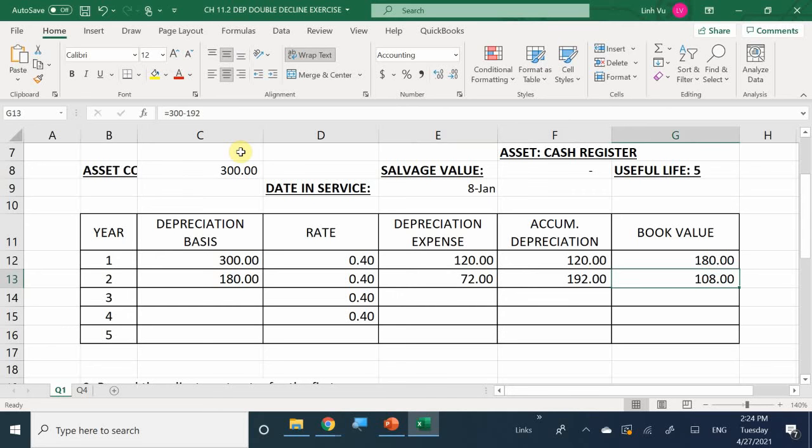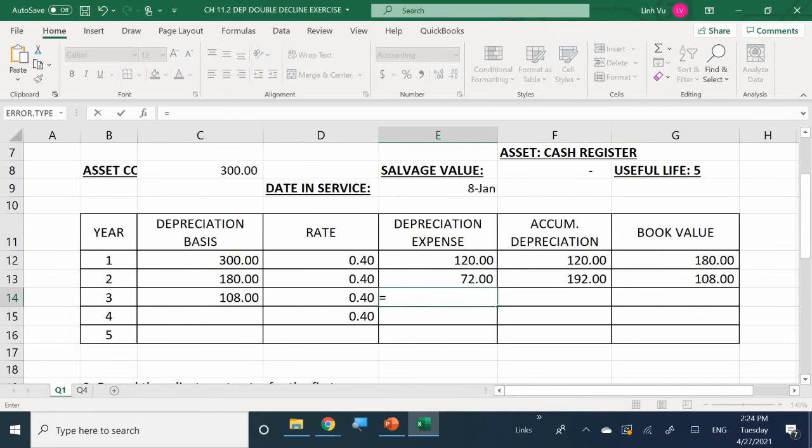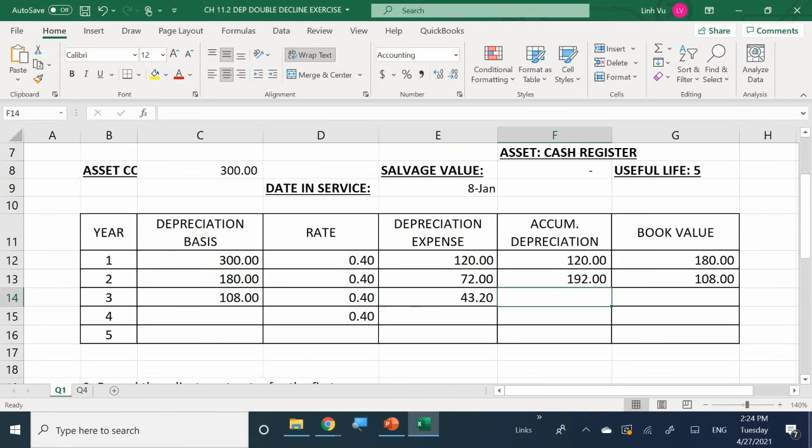I'm on year 3 now. So then, what's my depreciation basis going to be for year 3? 108. I'll just type it in with you. 108. What's 108 times 0.4? 43.20.